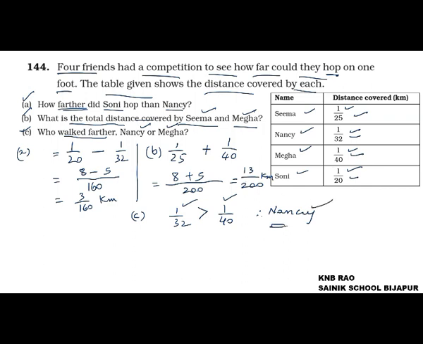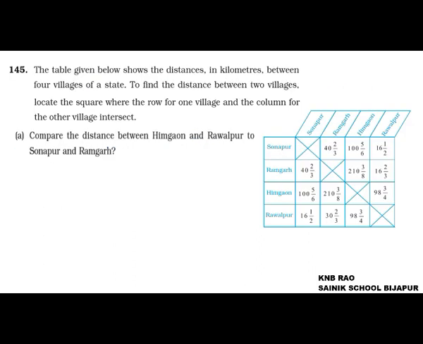Now coming to question number 145. See here in this 145th question, there is a table given which shows the distance between 4 villages of a state. The distance is in kilometers.